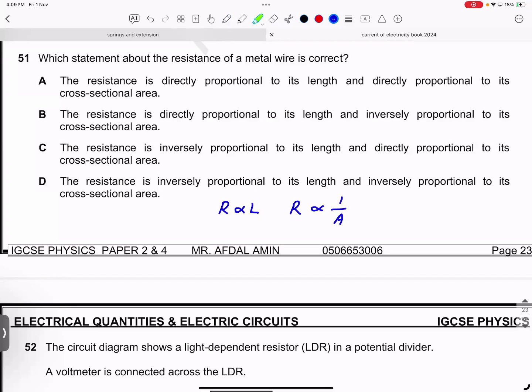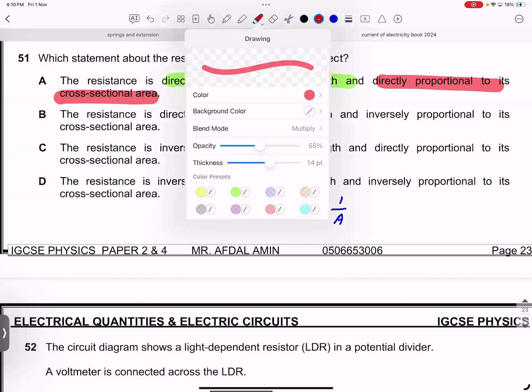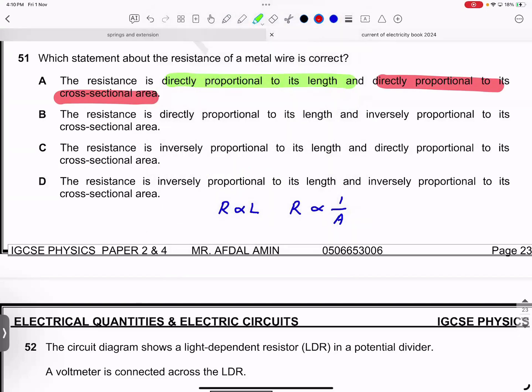The resistance is directly proportional to length, yes, but the resistance is directly proportional to area. The second sentence is wrong. The wrong I'm highlighting with the red color, wrong option. Similarly, if you go for resistance is directly proportional to length, correct.